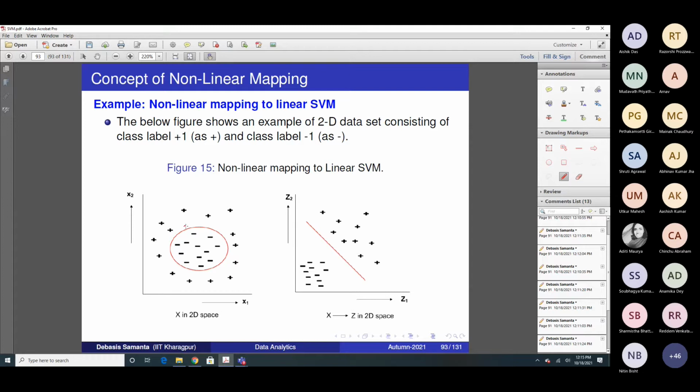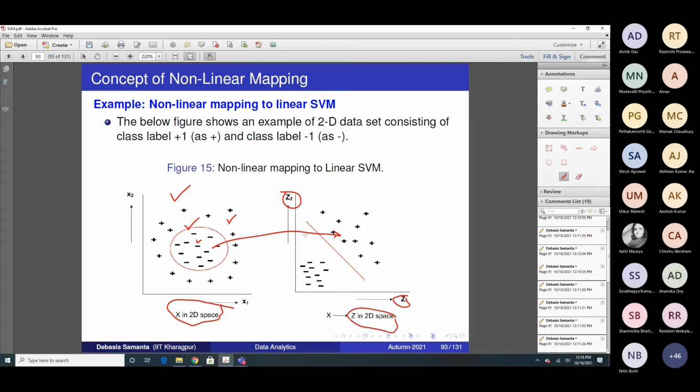If this is the equation of a hypersurface which divides the two regions, one region for the plus class and another region for the minus class, it is actually nonlinear data, or linearly not separable data. This is 2D space data. Using some transformation, this data is transformed into Z space, defined by Z1 and Z2, only a 2-dimensional Z space for example.